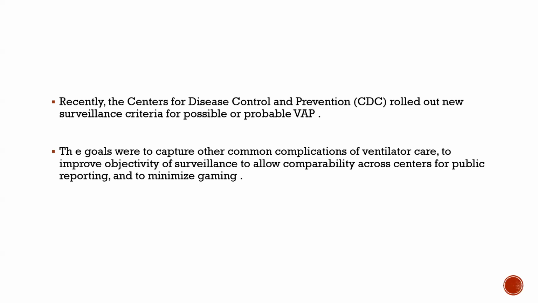Recently, the CDC rolled out new surveillance criteria for possible and probable VAP. The goals were to capture the common complications of ventilator care and to improve objectivity of surveillance to allow comparability across centers for public reporting and minimize gaming.